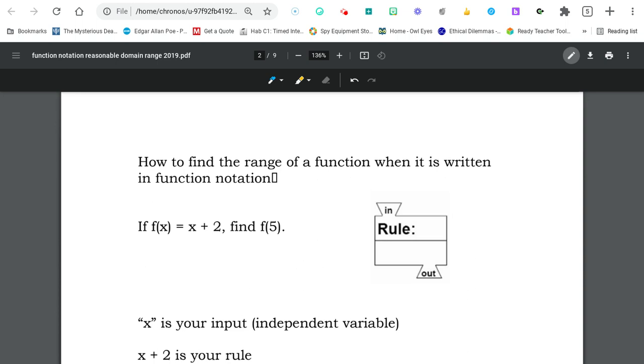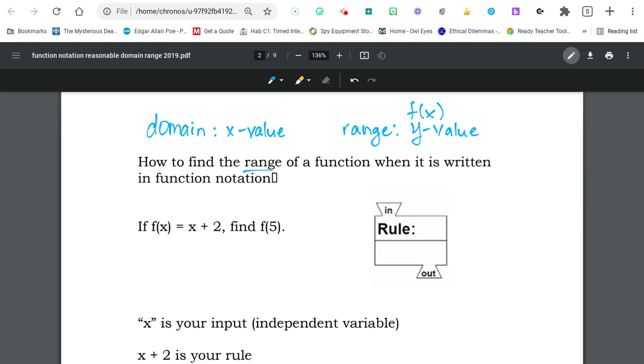We're going to look at a certain range when we're given a domain. Remember, domain is an x value, and range is a y value, also known as f of x, okay?